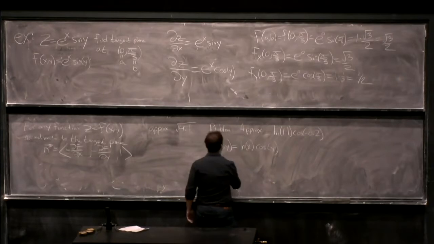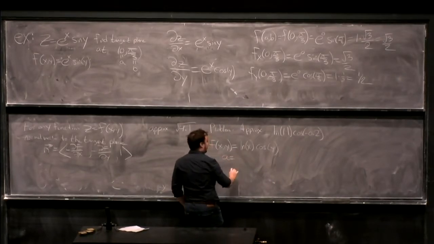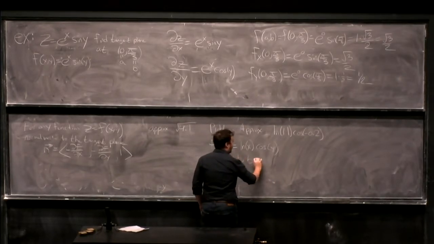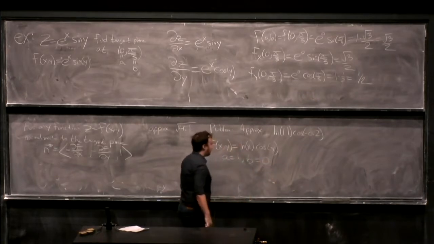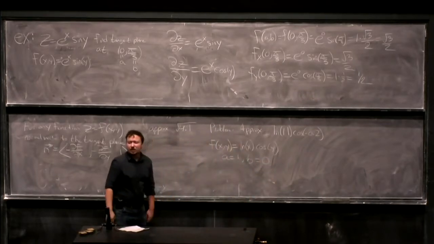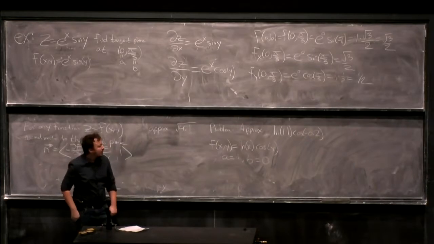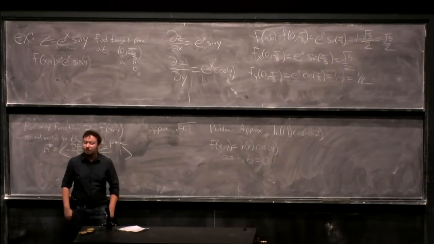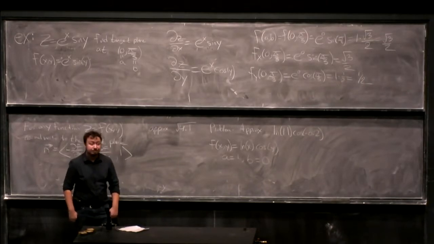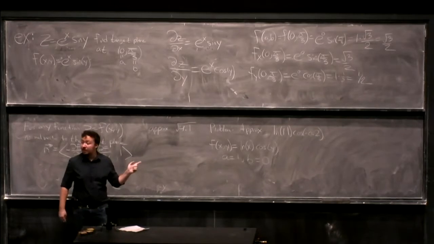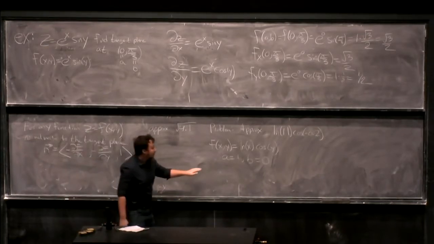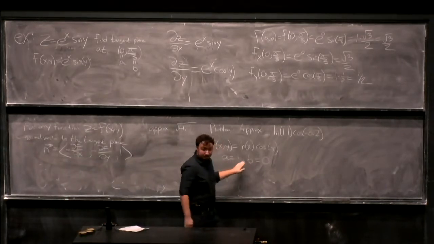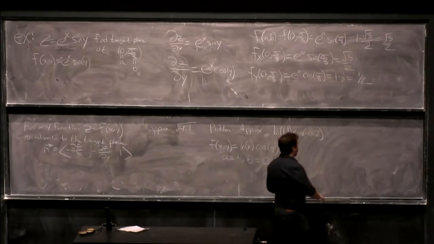So in our case, a is going to be 1, and b is going to be 0, because those are going to be close by our 1.1 and our negative 0.2, respectively. So now that we have this, we can find the tangent plane to f at the point (a, b). So let's go through how to do that.